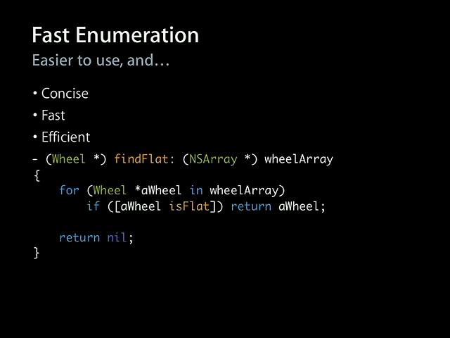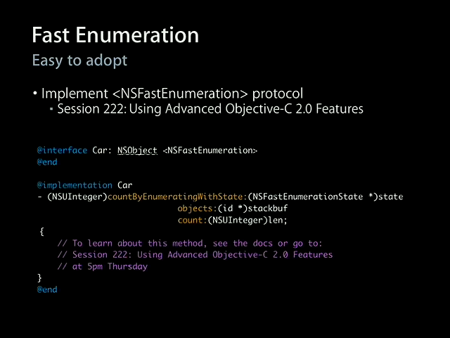So with fast enumeration, there's not a lot to say here. It's simply a syntax for an object in a collection that's fast, concise, efficient, and very easy to use. You can also very easily adopt fast enumeration for your own collection classes.